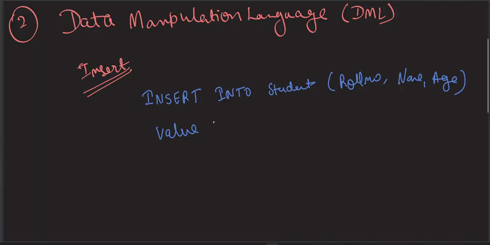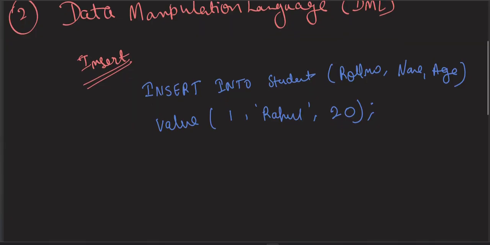Value you have to give like what value you want to store. So the roll number should be int, and name should be character. So Rahul, and the age is 20.